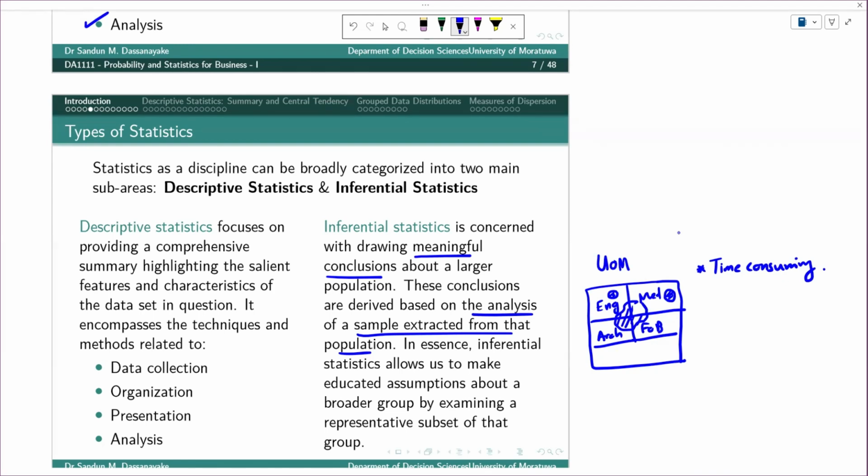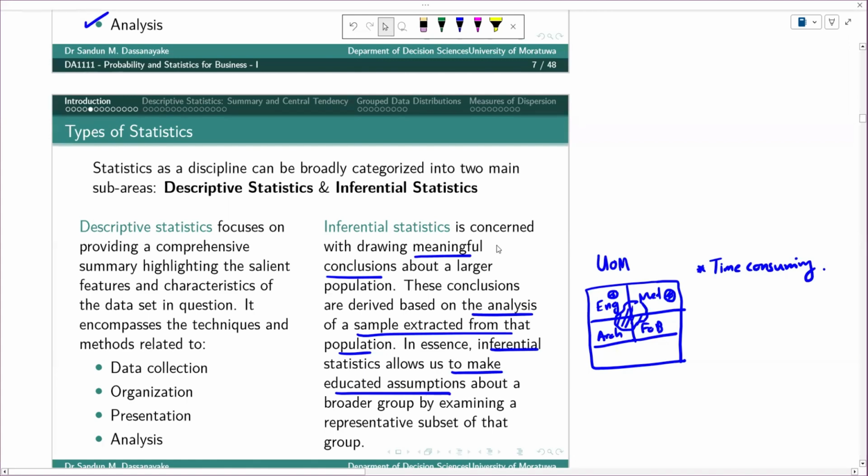That's actually part of pandemic and epidemic analysis. In essence, inferential statistics allows us to make educated assumptions about a broader group by examining a representative subset of that group.